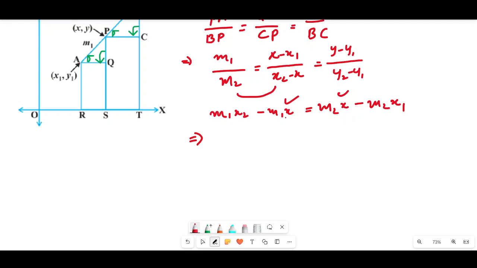We can find out that M1 plus M2 X equal to M2 X1 plus M1 X2.